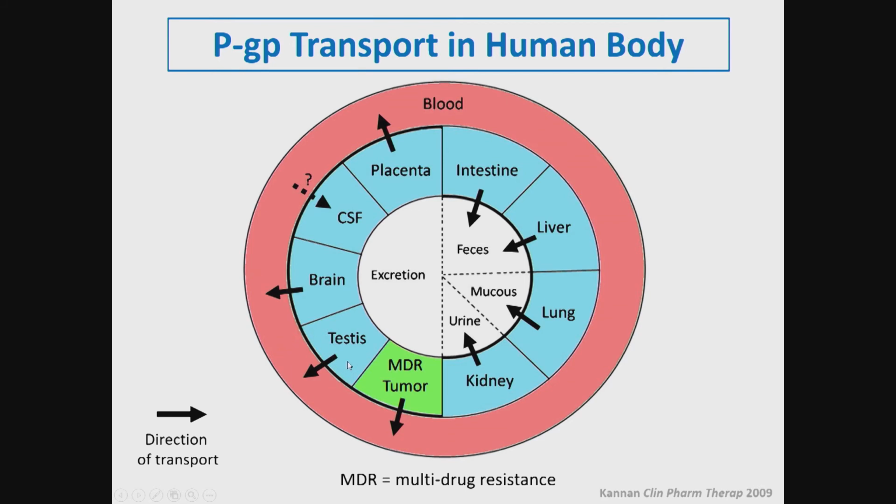It's also at the testis barrier and won't let drugs like loperamide or Imodium go into the testes. It's overexpressed in multi-drug resistance tumors, MDR tumors. But it's in other examples also. So in the placenta, for example, it'll block the entry of drugs that are substrates so it would protect the fetus. Okay. So it's widely distributed.